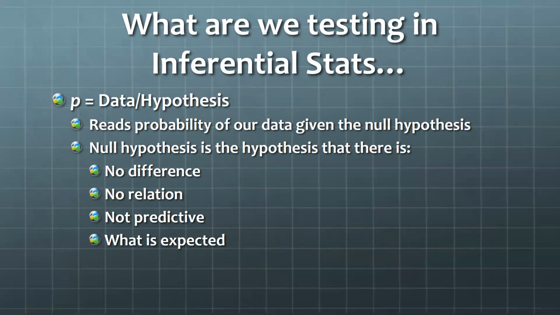P-values are basically letting us know if our findings are in fact statistically significant. So what's the probability that there's no difference between our experimental sample and the population, no relationship between the two, no prediction, and that what we see is just what's expected? Because of this, the smaller the p-value the better.